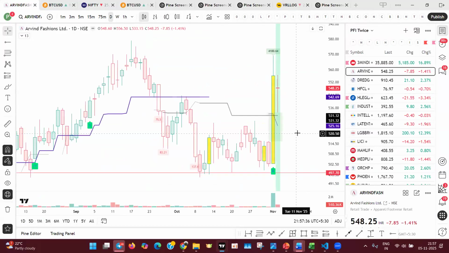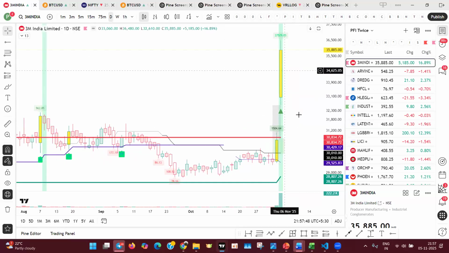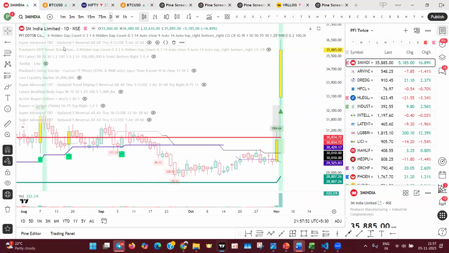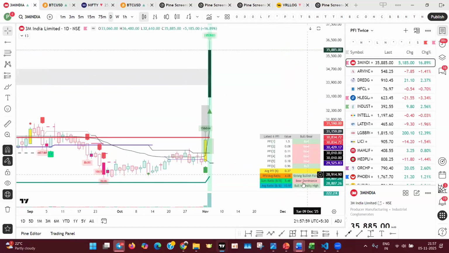Arvind also 2 times PFI. Now this is likely to increase. Next time it will be likely to be 5 times PFI. This was 1500. So average was 0.37 and it is 1.5.